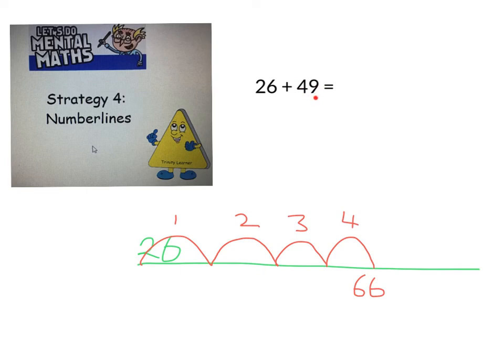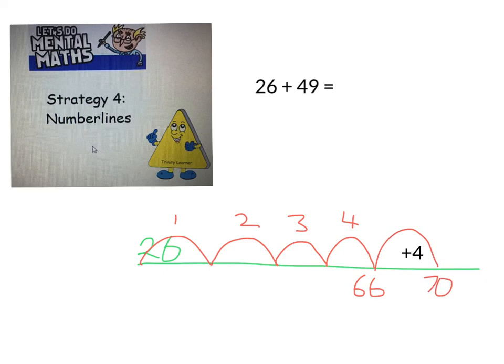Now I'm going to add on or hop on 9 units. So down here I have got 6 units. Now if you want to, at this point, you might want to round the number to the nearest 10 first. So again, we would use our knowledge of number bonds. So we would look at 6 and think, what would I add to 6 to get to the next 10? I would have to add 4. So if I add on 4 to 66, I would get 70.